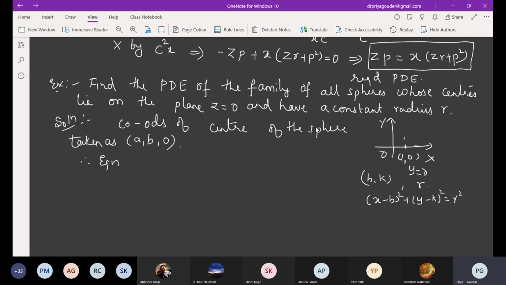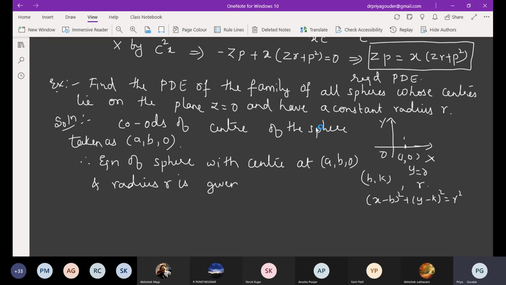Therefore, the equation of the sphere with center at a comma b comma 0 and radius r is given by... tell me the equation. Equation of sphere with center at a, b, 0.